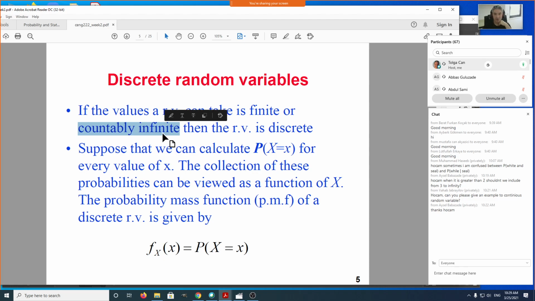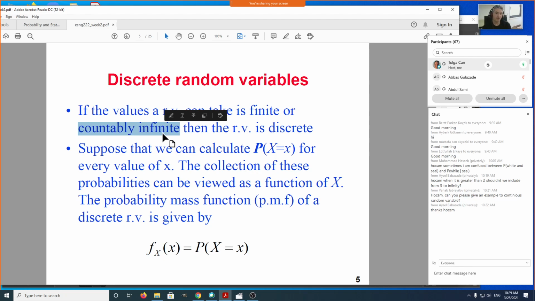But sometimes, if the number of values this random variable can take is on the order of thousands, millions, maybe modeling it as a continuous random variable may make more sense, because the probability functions that we use for these discrete variables will be very difficult to compute when the summation is too long.